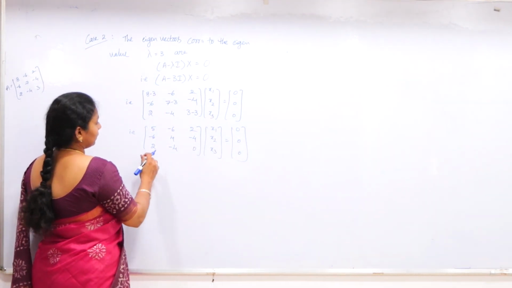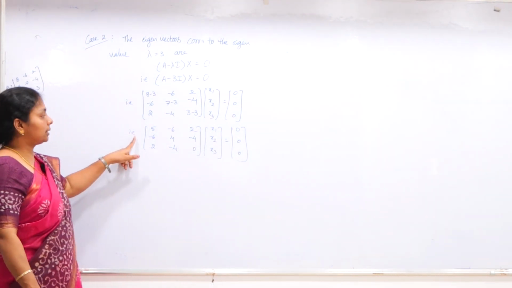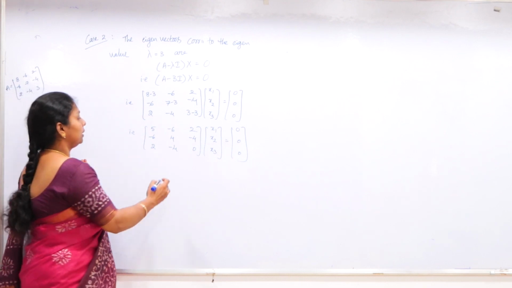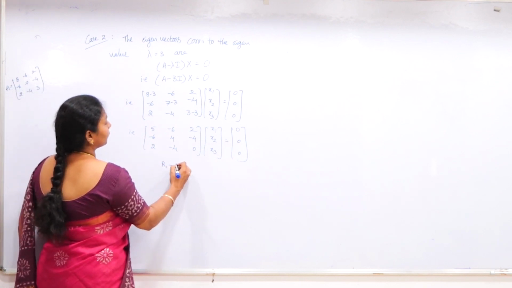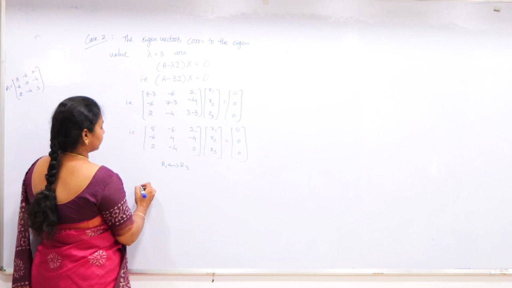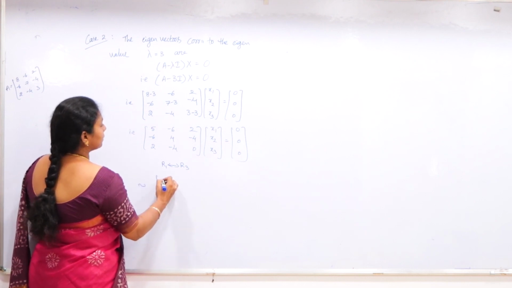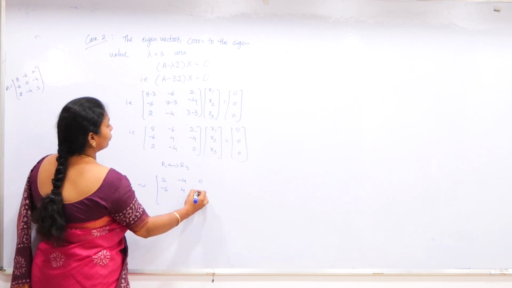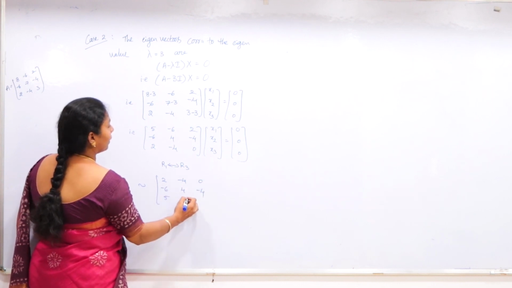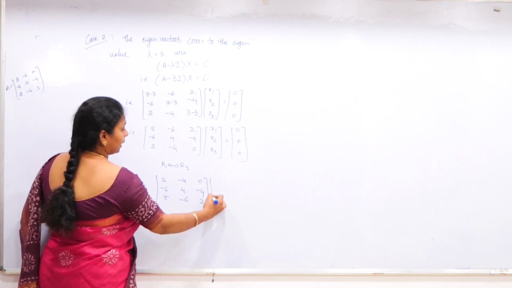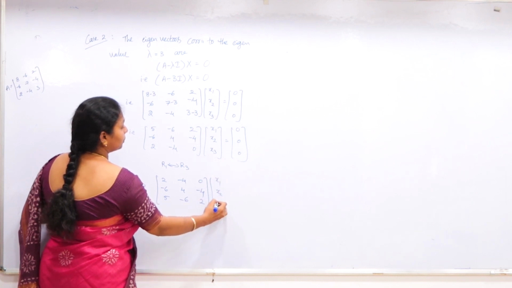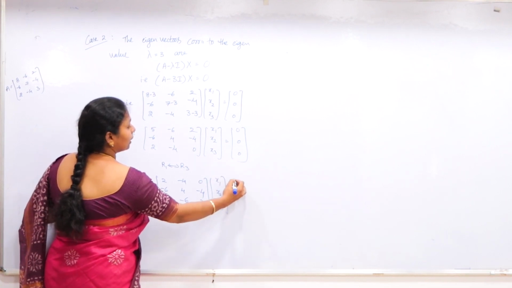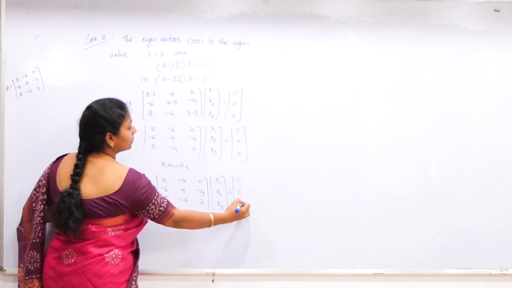To simplify this and change it into echelon form, first interchange R1 and R3. That is 2, minus 4, 0; minus 6, 4, minus 4; 5, minus 6, 2, times x1, x2, x3 equal to 0, 0, 0.